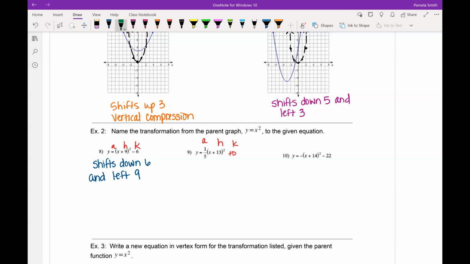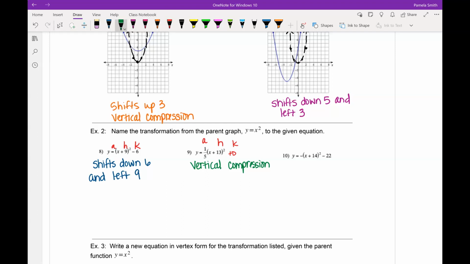Well, if a is 1/5, what does that do to the graph? Does that make it wider or narrower? Wider. So we have vertical compression. So it's going to be wider than the parent graph. It's positive, so it's still opening upward, so we do not have a reflection.